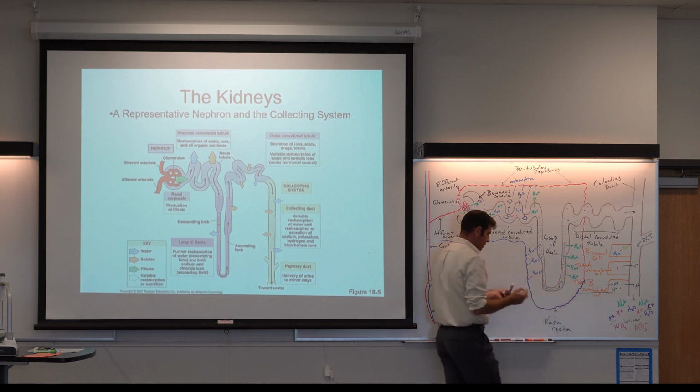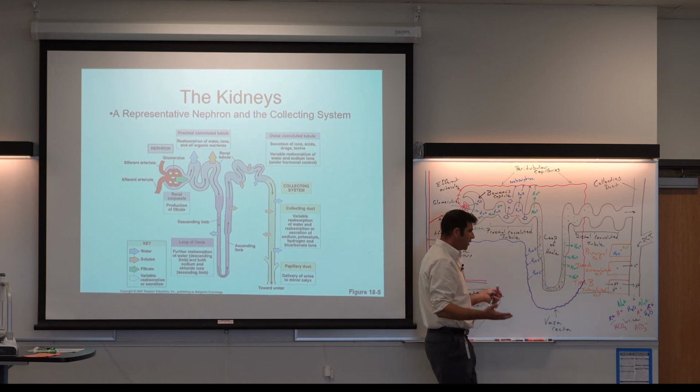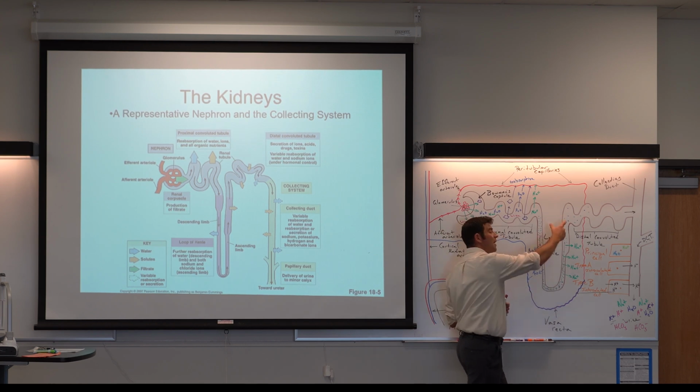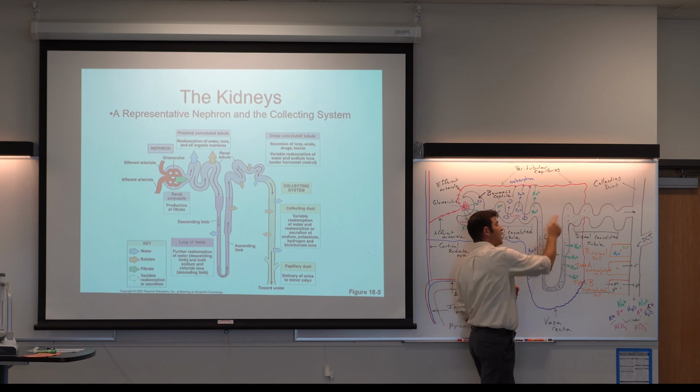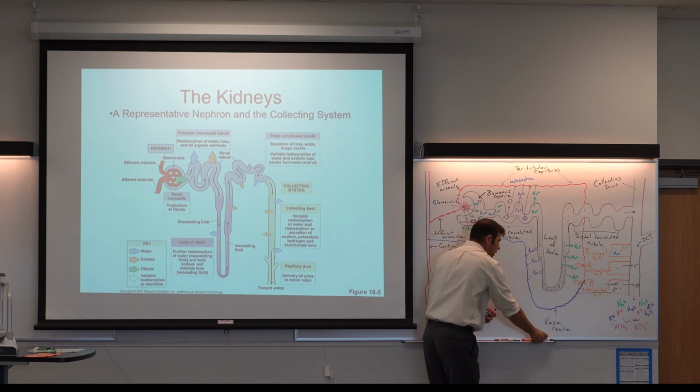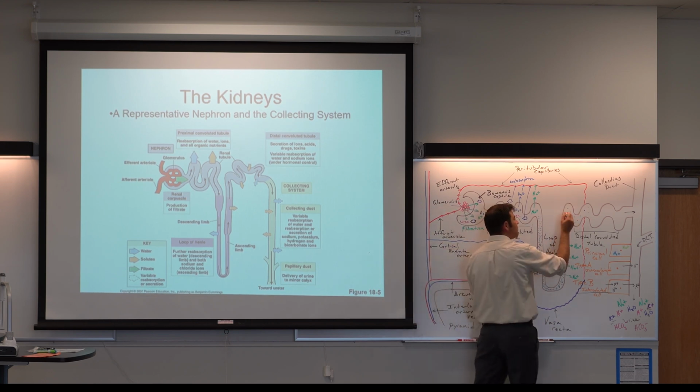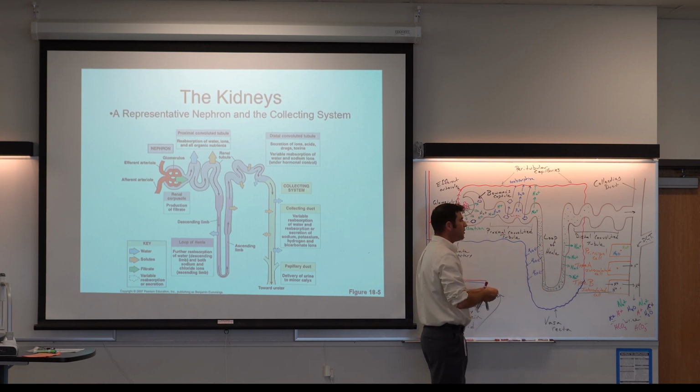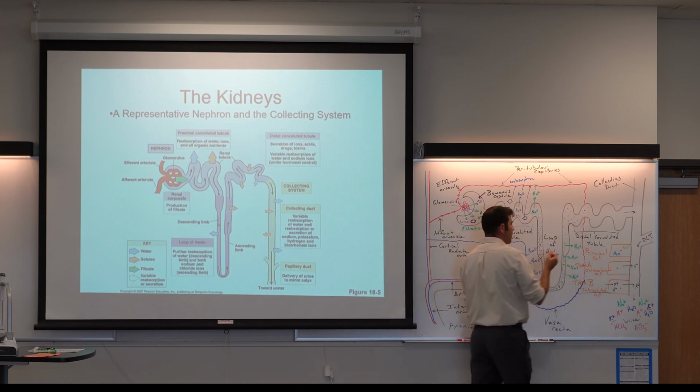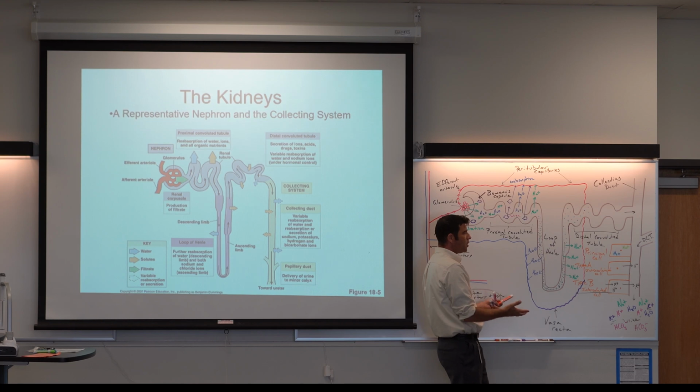It didn't require ATP. The thing that we really need to remember is that all along this ascending limb, sodium is getting pulled out, so that by the time the filtrate makes its way up here to the distal convoluted tubule, it's much more diluted. Yes, there's some water in there. Yes, there's some sodium ions in there. We still have the urea waste that's in there, but it's not nearly as concentrated as it was. But we're about to enter this distal convoluted tubule and collecting duct.